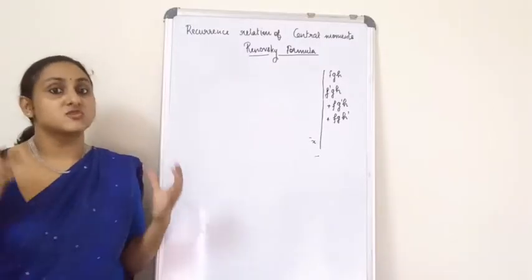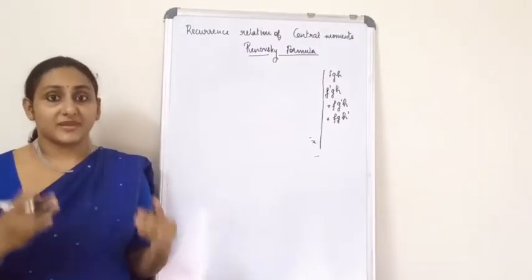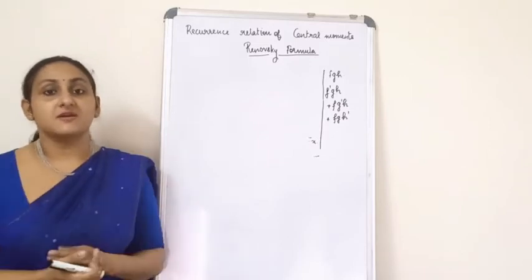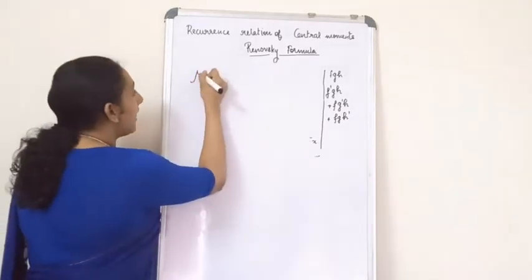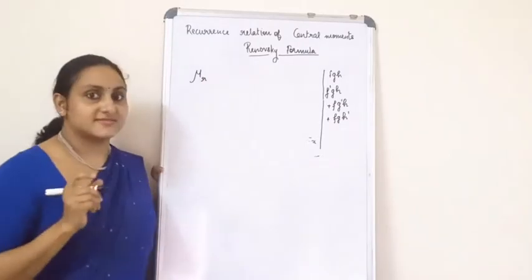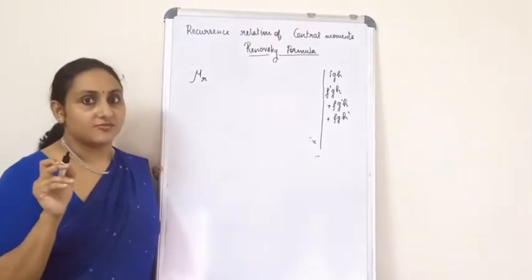So now we are going to find out the relationship. To begin with, I'm going to consider mu r. What is mu r? Mu r is the rth central moment of x.